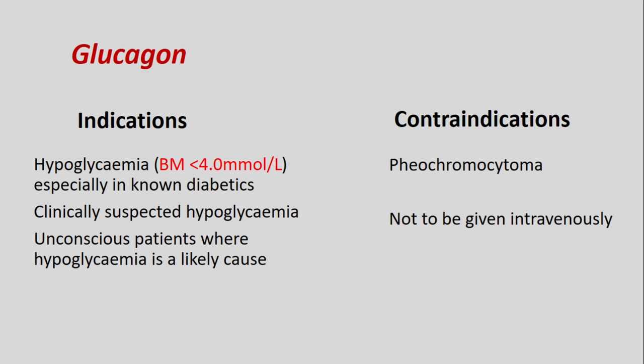Glucagon is indicated for those patients who are hypoglycemic, have clinical or suspected hypoglycemia, or the unconscious patient where hypoglycemia is considered a likely cause with blood glucose levels less than 4 millimoles per litre. Glucagon is contraindicated in patients who are known to have pheochromocytoma.